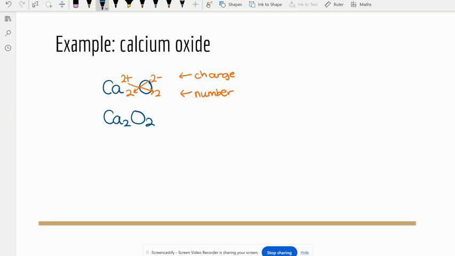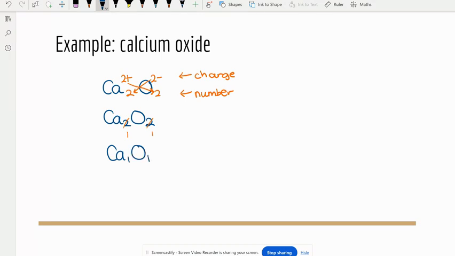But remember the last step in the rules was reduce your subscripts if you can. So instead of a 2 and a 2, we're actually going to reduce it by dividing it. This is math. So dividing it by the lowest common factor. Lowest common factor? Yeah. So we're dividing it by 2. So I'm going to reduce and reduce. If I divide 2 by 2, you have 1. If you divide 2 by 2, you have 1, right? So calcium, I have 1.